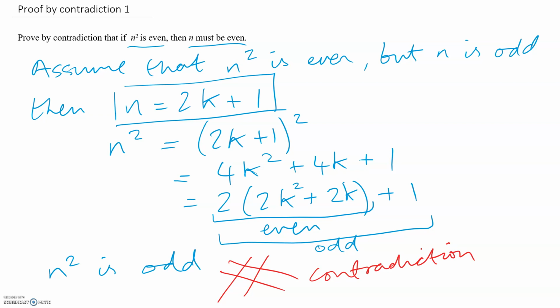It's a contradiction because we found that n squared is odd, whereas we assumed that n squared is even. Which means that therefore the original statement must be true. So therefore, if n squared is even, n must also be even. So that is our proof finished for that one.